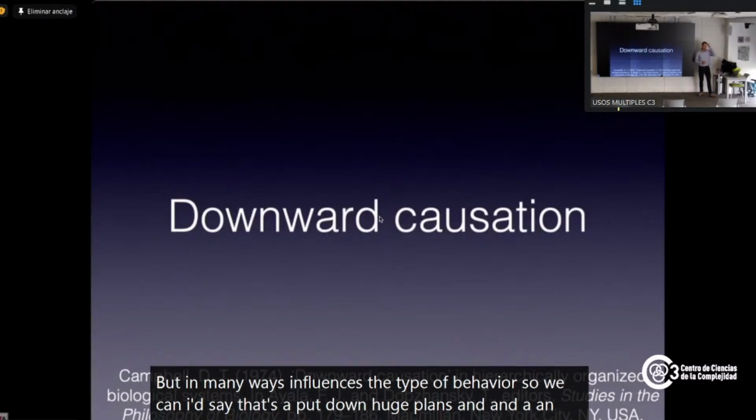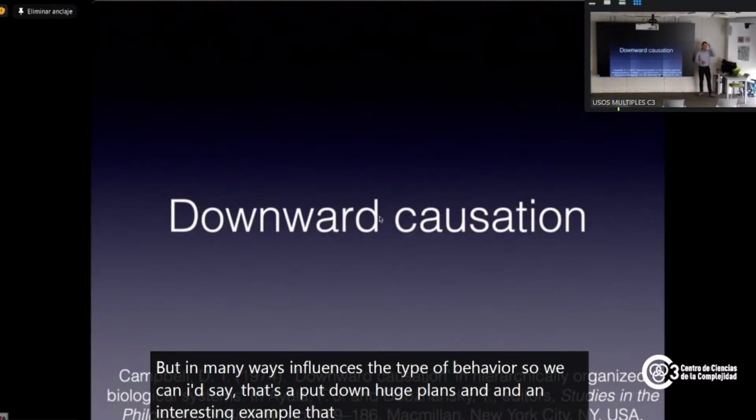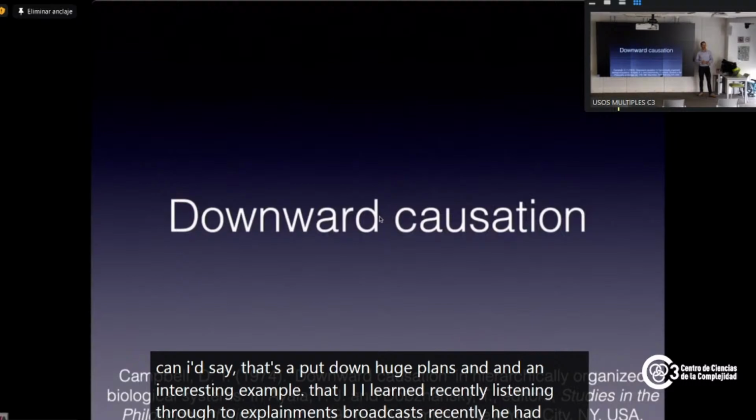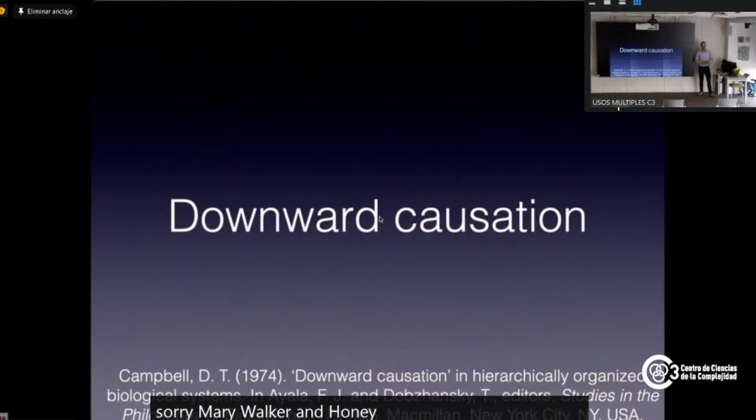Another interesting example that I learned recently listening to Lex Fridman's podcast. He recently had Sara Walker and Lee Cronin, and they were speaking about assembly theory.